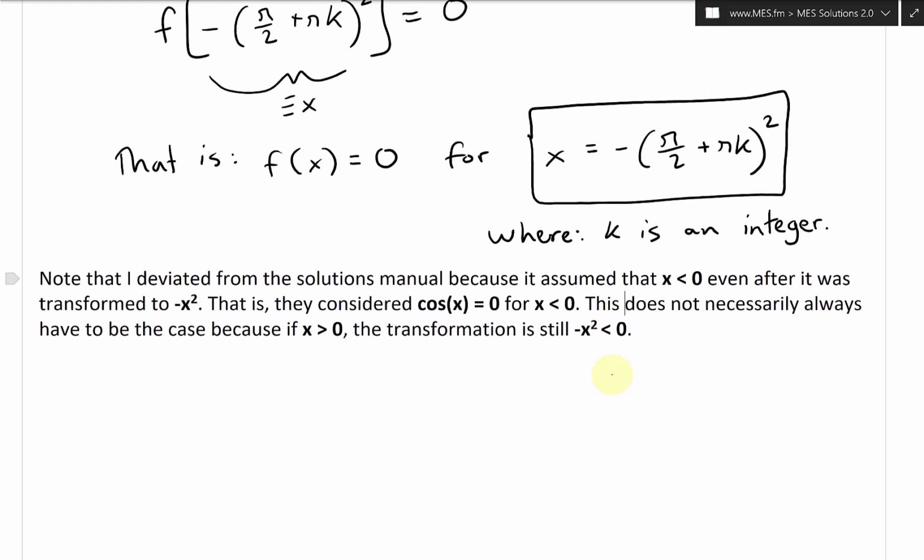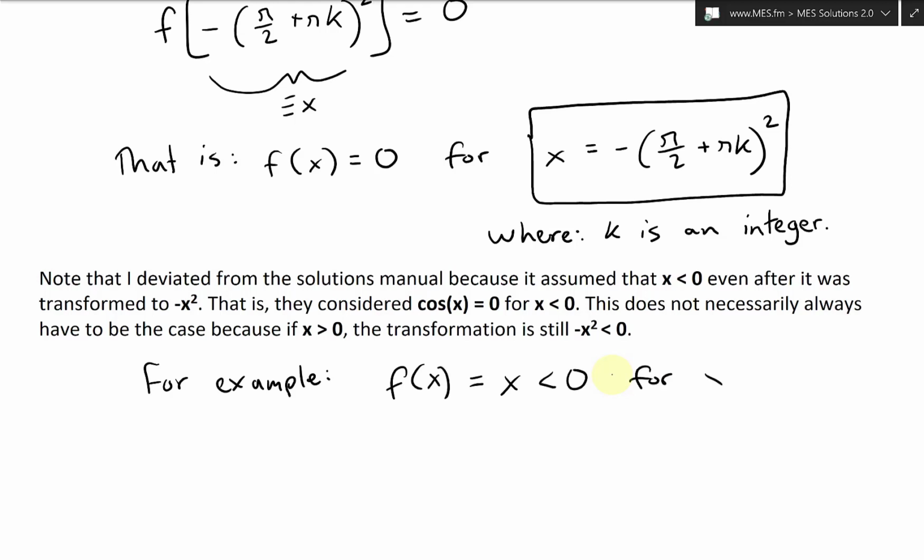A simpler example: let's say f of x is equal to x. This is less than 0 for x less than 0. If we transform it, f of negative x is equal to negative x, and this is less than 0 for x greater than 0.